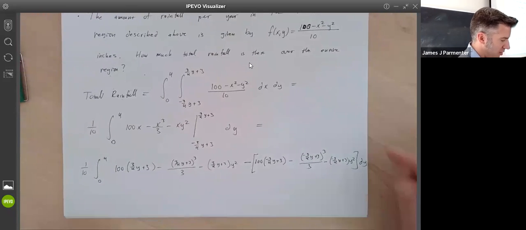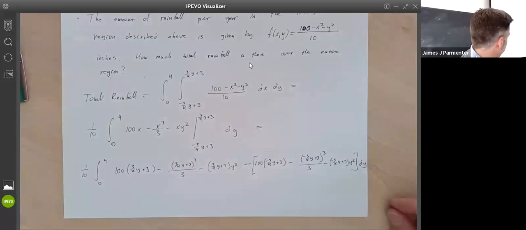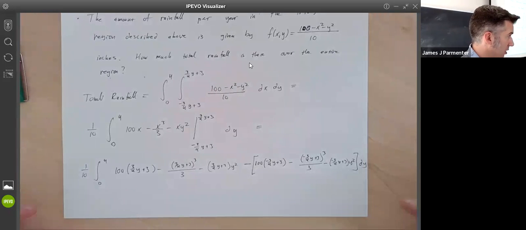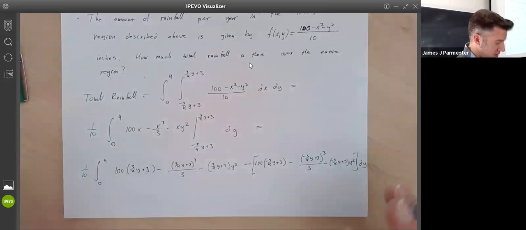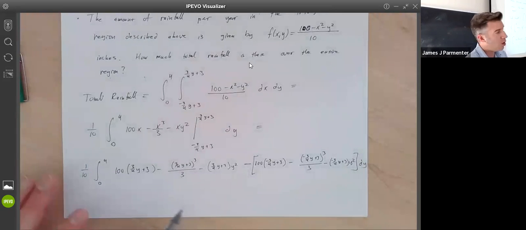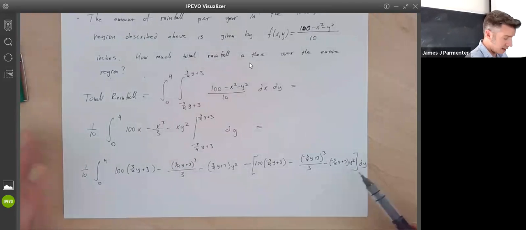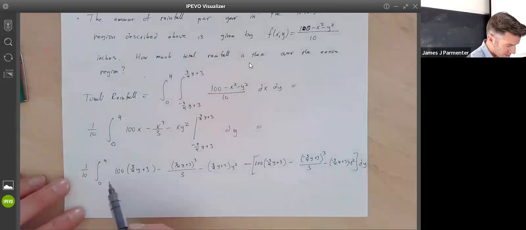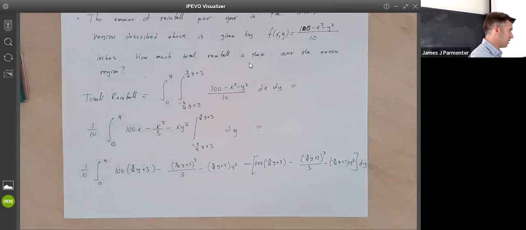I don't think it's in your best interest for me to keep doing this particular problem. I should point out, one could totally multiply this out and get the total rainfall, right? You could multiply this out, anti-differentiate it, plug in the limits of integration, and you could get something gross. It'd be fine.